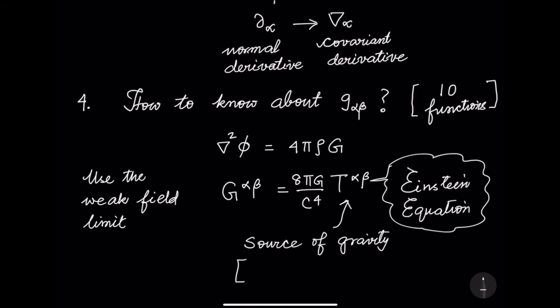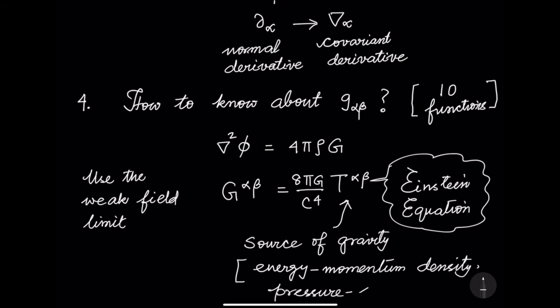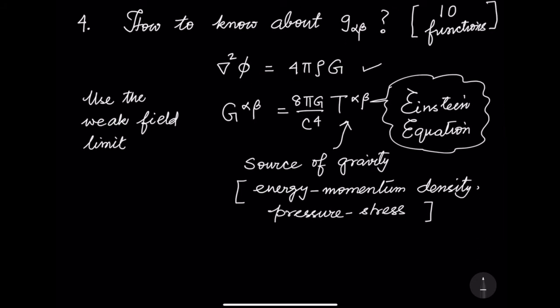Remember the components it has. It has energy momentum density, it has pressure and stress. So that is something new, because if you look at the Poisson equation over here, the source of gravity is solely given by the matter density, but now it is given by matter or energy density, but also momentum density, pressure and stress.